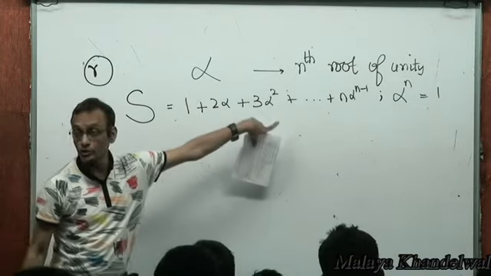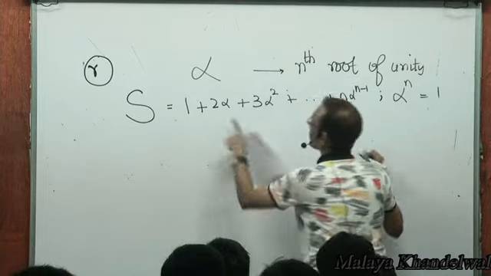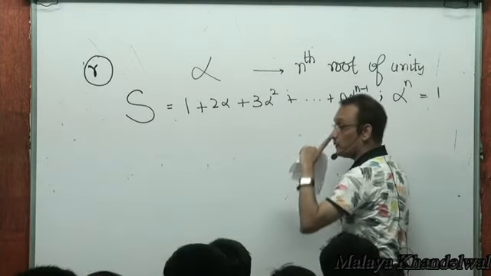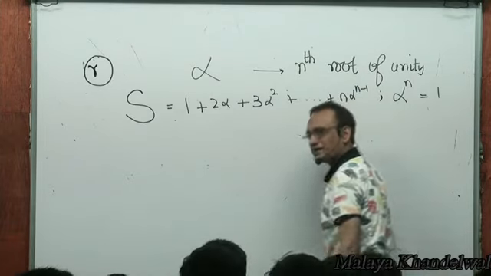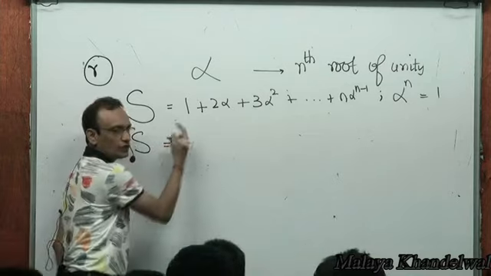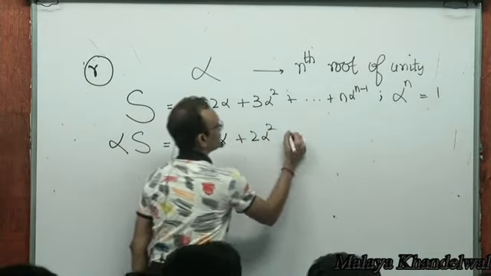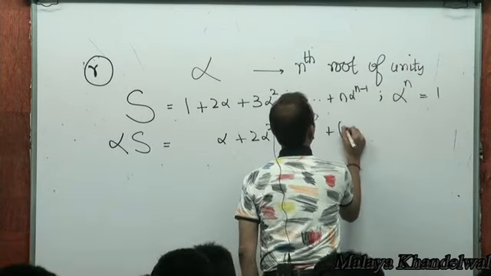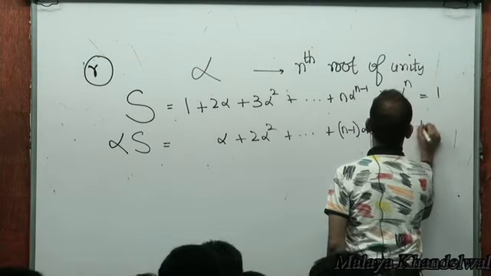It's an arithmetico-geometric progression: 1, 2, 3, up to n in arithmetic progression, and alpha, alpha squared in GP. Multiply by alpha and subtract the two equations. Multiply by alpha, shifting the whole thing 1 unit to the right: alpha plus 2 alpha squared plus up to n minus 1 alpha to the power n minus 1 plus n alpha to the power n.